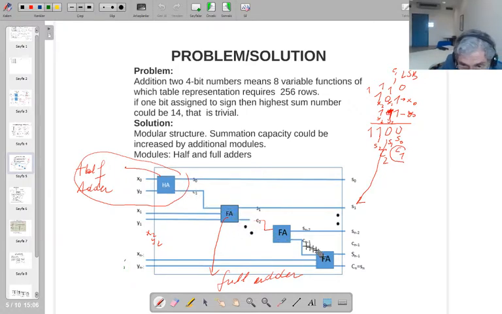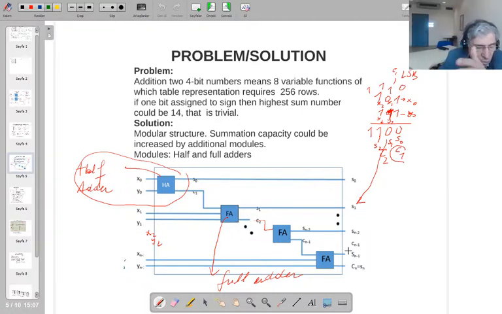Since these blocks can be repeated as we require, if you've got to add m plus 1 bit numbers, you're going to add one more full adder. So you can extend your design by adding one full adder.